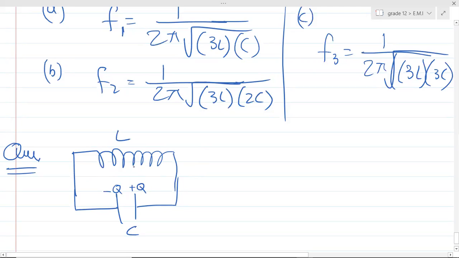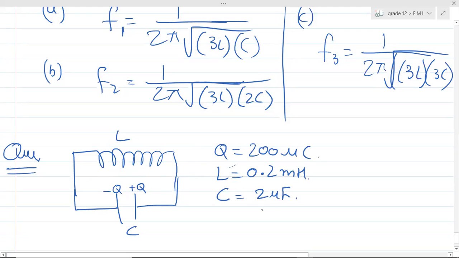And this is given to you. The initial charge on the capacitor is 200 microcoulomb. The inductance is 0.2 millihenry, and the capacitance is 2 microfarad.